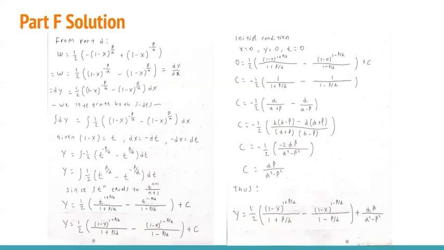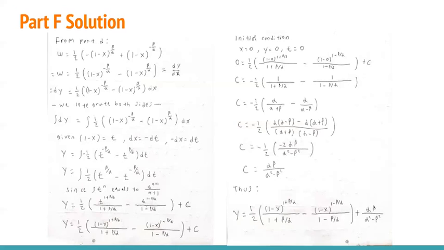And now we can cross multiply this equation, and this would give us c equals negative 1 over 2 times alpha minus beta minus alpha times alpha plus beta over alpha plus beta times alpha minus beta.